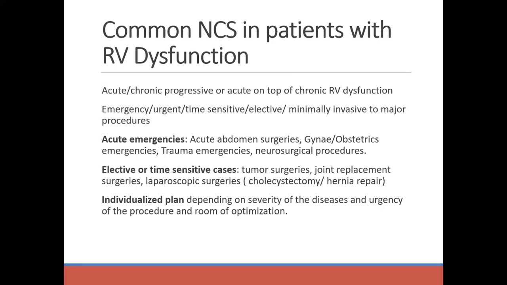It's not uncommon to see these patients coming for non-cardiac surgery. Here I want to emphasize that my talk today is mainly about RV dysfunction and failure in patients going for non-cardiac surgery, because in the last few years, especially after COVID, we are seeing a lot of cases of thromboembolic phenomena.